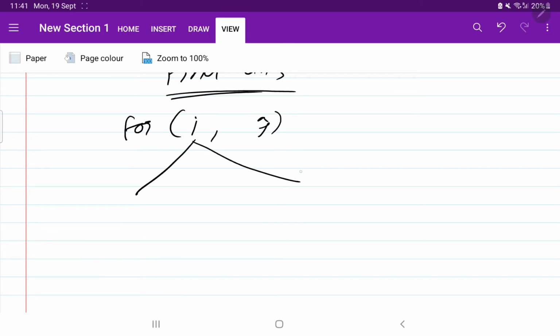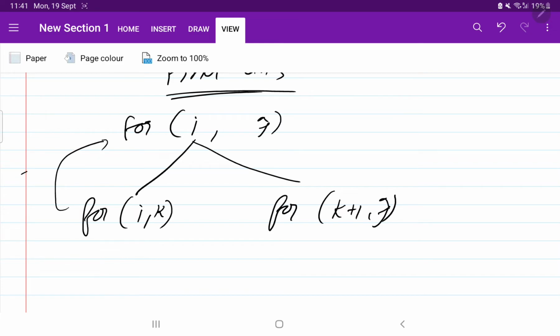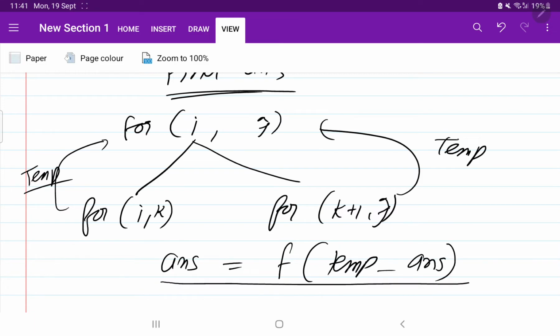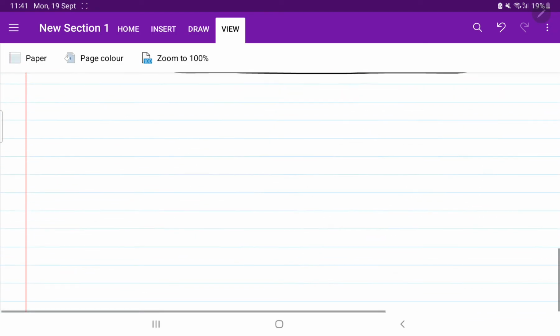Then we go from I to k, and then from k plus 1 to j. From here temporary solutions will be given, from here also we get some temporary solution, and the final answer is going to be a function of those temporary answers or solutions. Okay, perfect. So this is the main thing of the MCM.